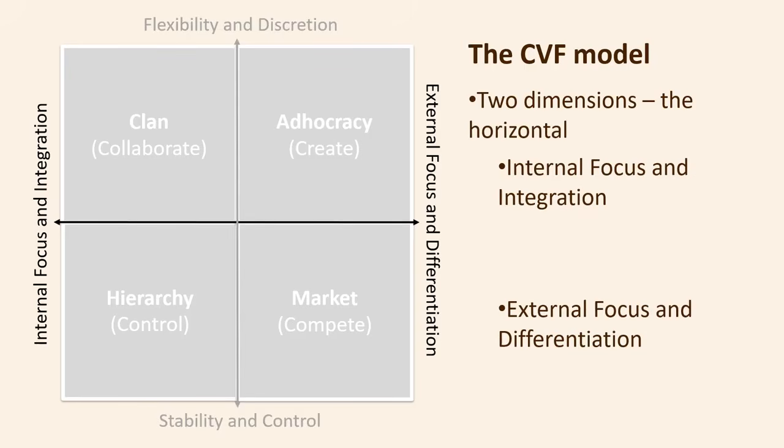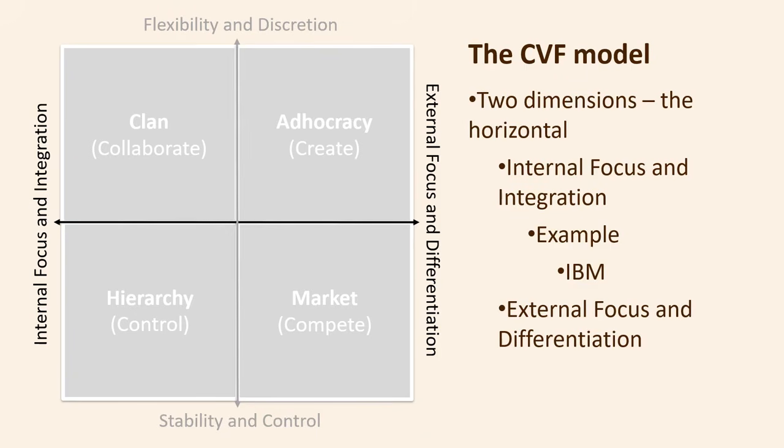The horizontal dimension differentiates between organizations that emphasize an internal orientation, integration and unity, and organizations that emphasize an external orientation, differentiation and rivalry. Some organizations are viewed as effective if they have harmonious internal characteristics.